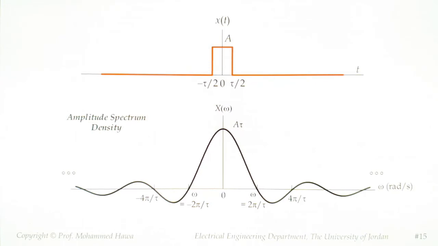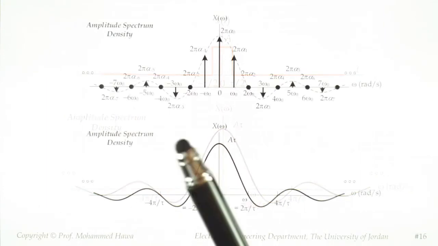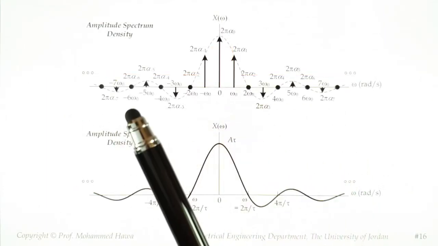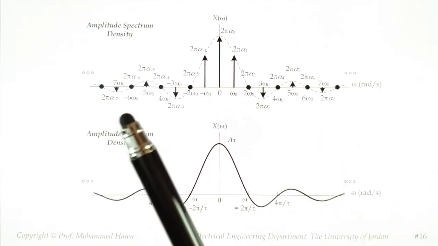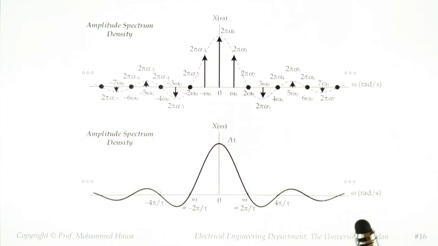Let me put the two curves next to each other. Notice that this is the Fourier transform, similar to the Fourier series, of repeated rect, and this is the Fourier transform of just one rect. This is aperiodic and this is periodic.